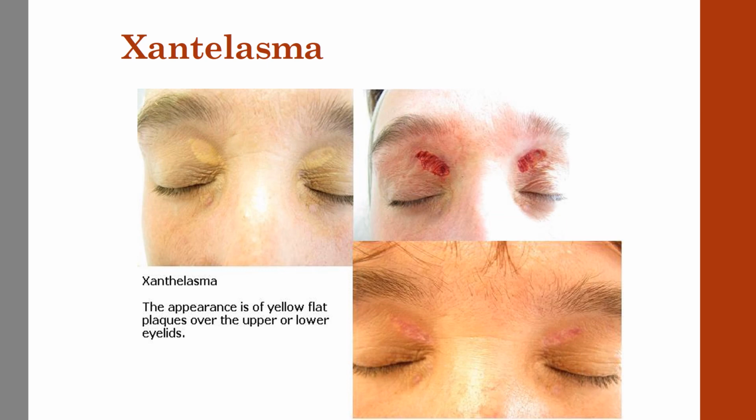Xanthelasma is basically a cholesterol or fat deposit. It's really a cholesterol deposit over the lids. I had a patient this Monday. Sometimes someone would come and say, "I'm all for natural remedies," and, not making fun of it, but she weighs 298.